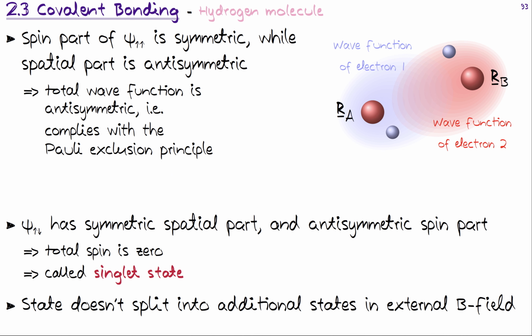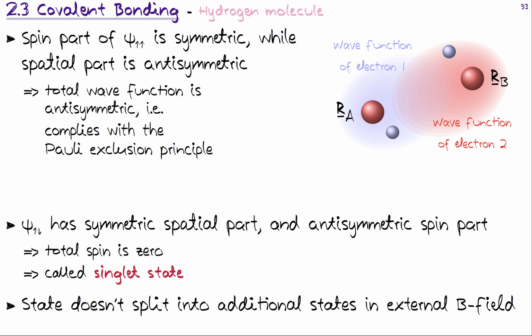What this means, that we have a total spin of 0, and this is why this state is called a singlet state, is that if we would put this kind of state into an external magnetic field, a B field, the energy distribution of this state would not be splitting.